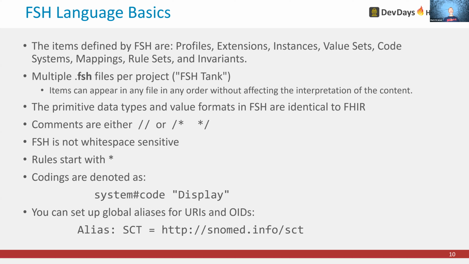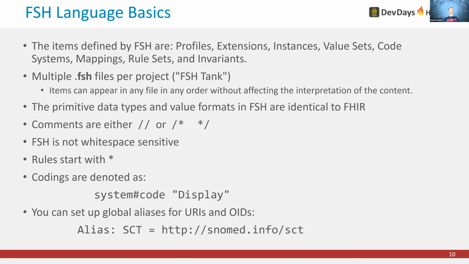The primitive types and the values in FSH are identical to FHIR. You can have comments in FSH. We use the Java style: the double slash for a single line comment, or the slash star for multiple line comments. FSH is not white space sensitive. We use the asterisk to denote rules.